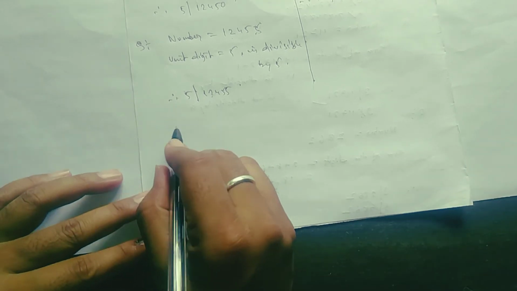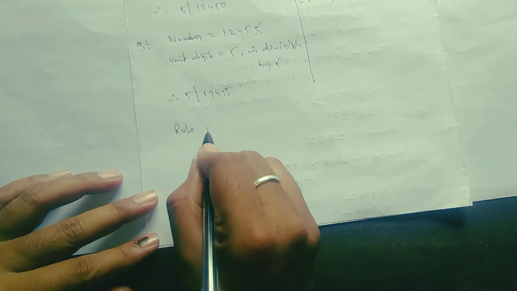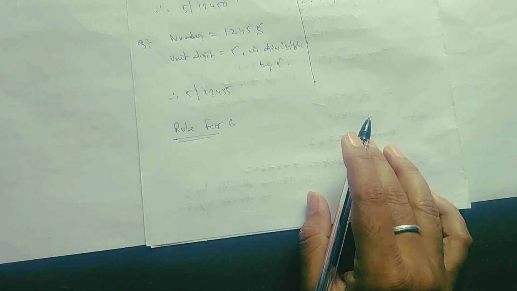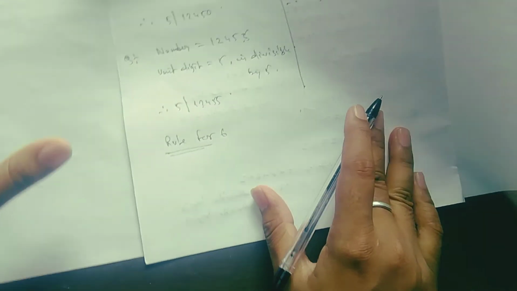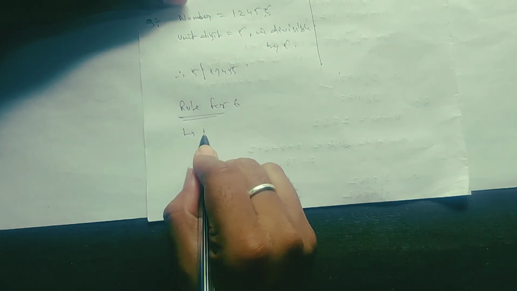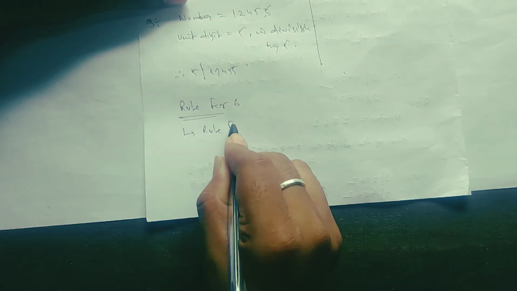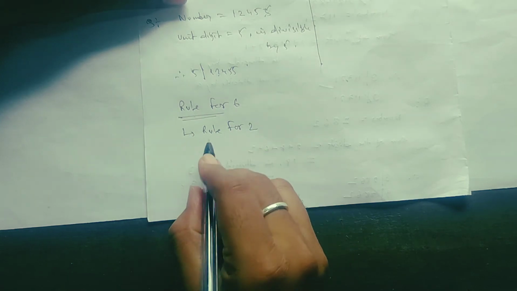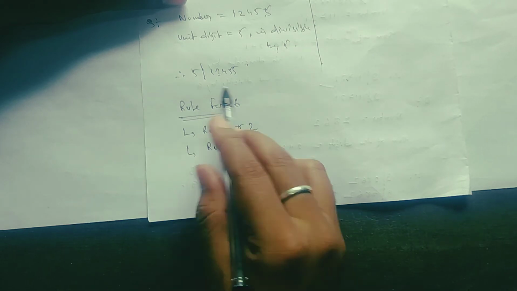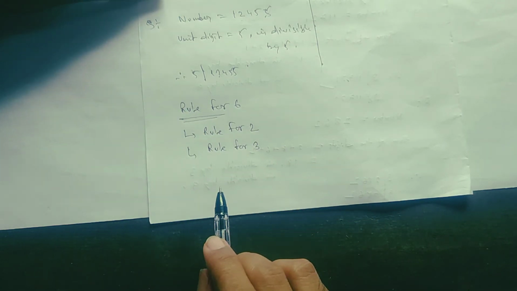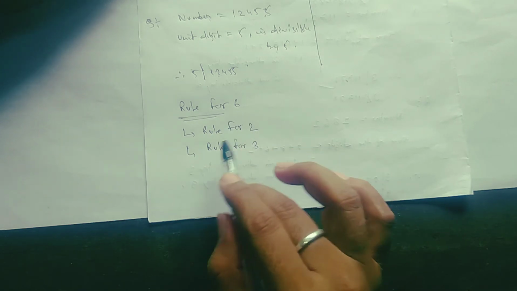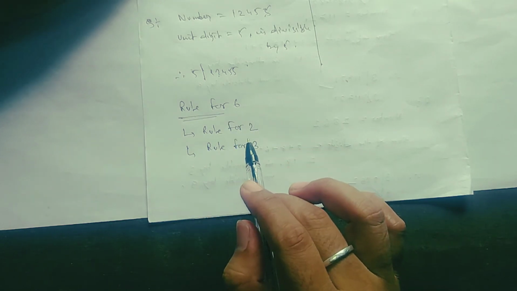Next, rule for 6. If you know the rule for 2 and the rule for 3, then you are able to solve for the rule for 6. So let's take a number and see how to check the rule for 6.